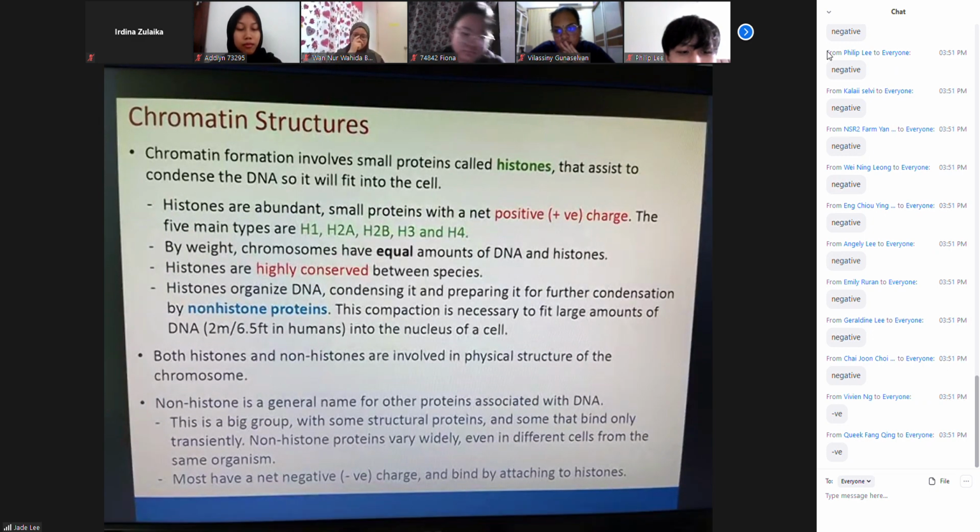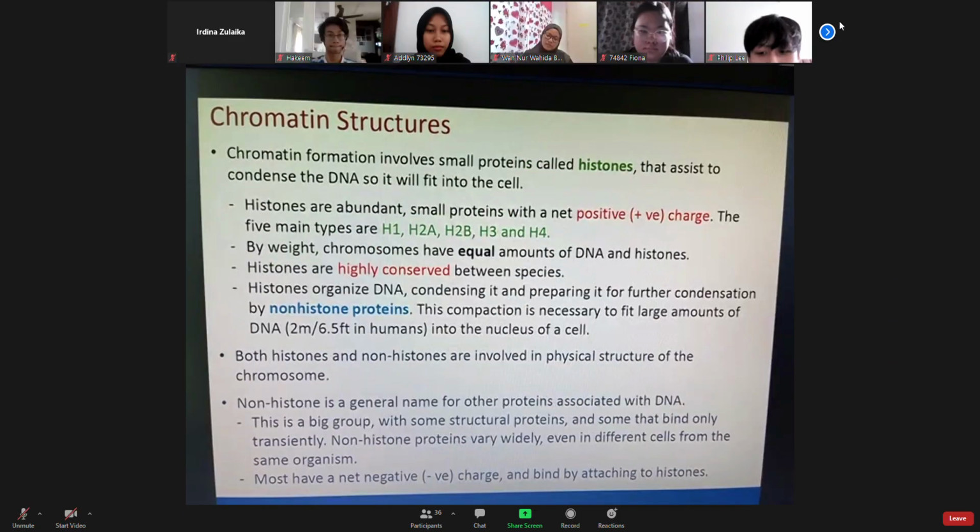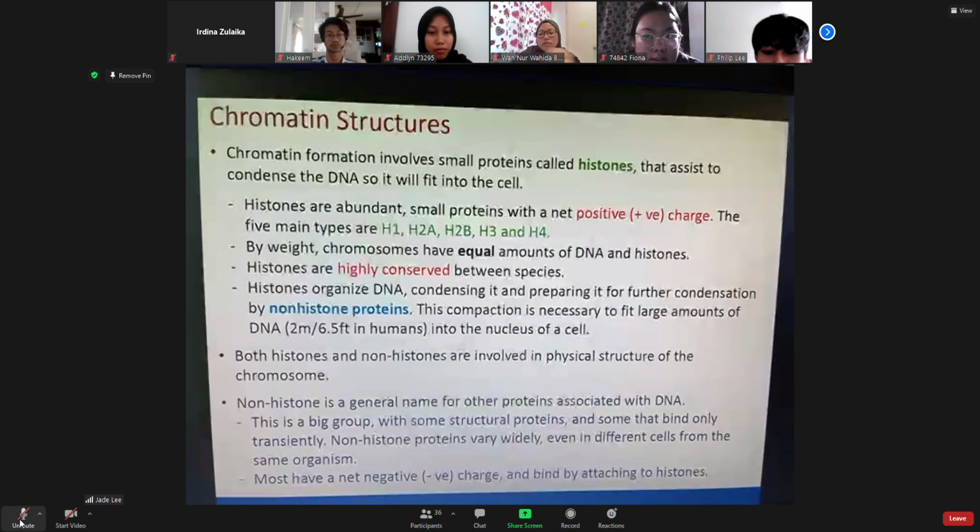So, you tengok histone tu positif. Positif dengan negatif dia akan attract. Kalau dia attract, maka makin padatlah dia. Kerana dia tarik di antara satu sama lain kan. So, makin padat. Betul tak? Yes. Agree kan?